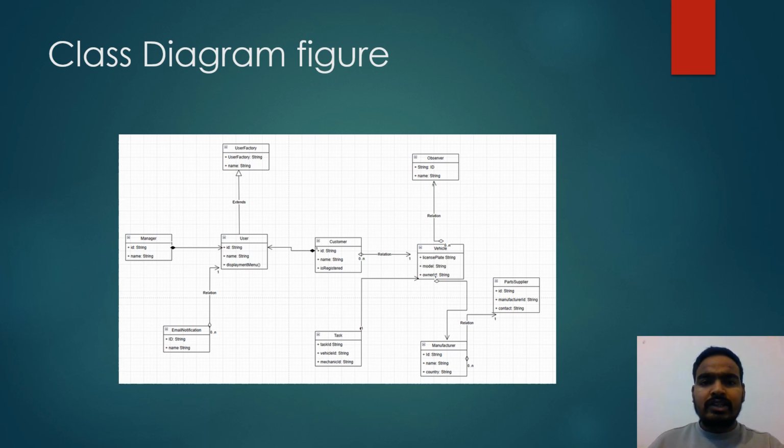The next one is vehicle. The vehicle stores vehicle specific data and links to its owner. Task represents tasks assigned to mechanics with details like task description, status, and the associated vehicle and mechanic.